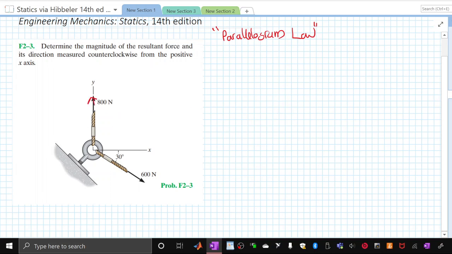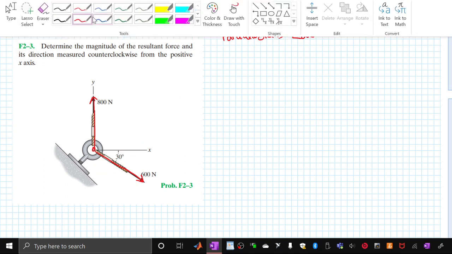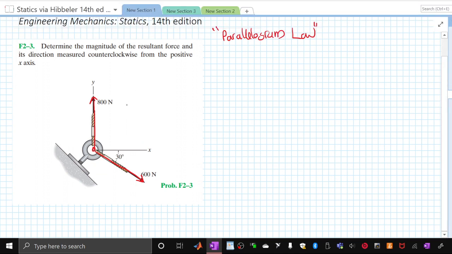You see how this is a vector. This vector right here is 800 newtons, and this vector right here is acting at an angle and is 600 newtons. Okay, so the parallelogram law says that we're gonna start at the tip of each vector.